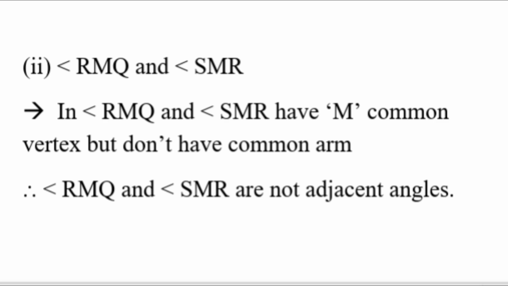Second one, angle RMQ and angle SMR. In angle RMQ and angle SMR, we have M as the common vertex but don't have a common arm. Therefore, angle RMQ and angle SMR are not adjacent angles.